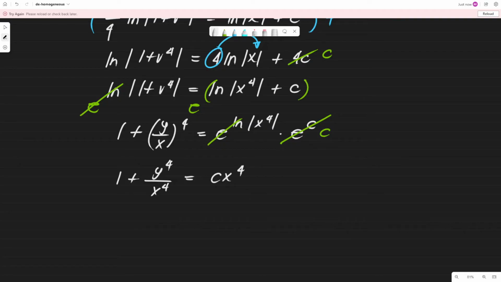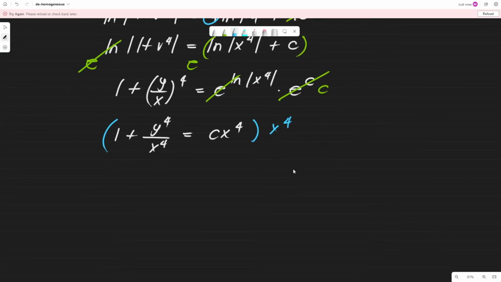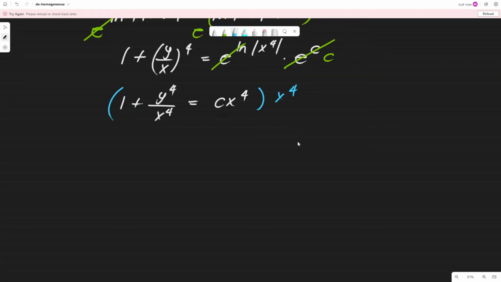Then I will multiply by x to the fourth on both sides to remove the denominator, and we can finally isolate y to the fourth from the other terms. So we will have x to the fourth plus y to the fourth is equal to cx raised to 8, because x to the fourth times x to the fourth is simply x to the 8.